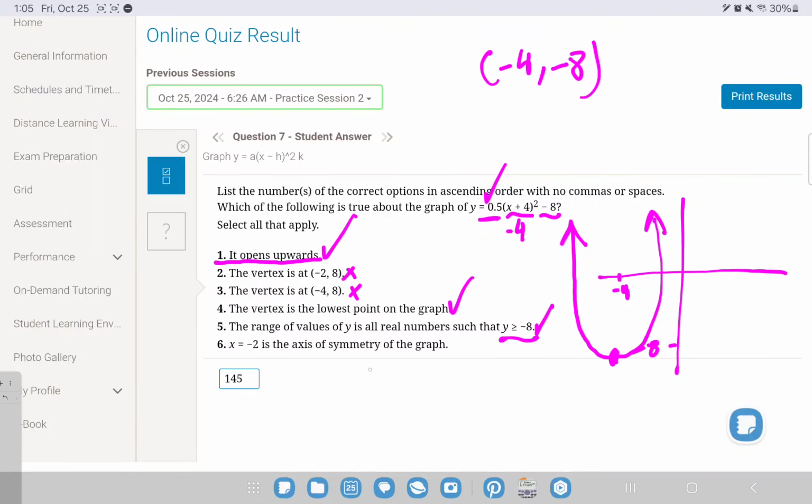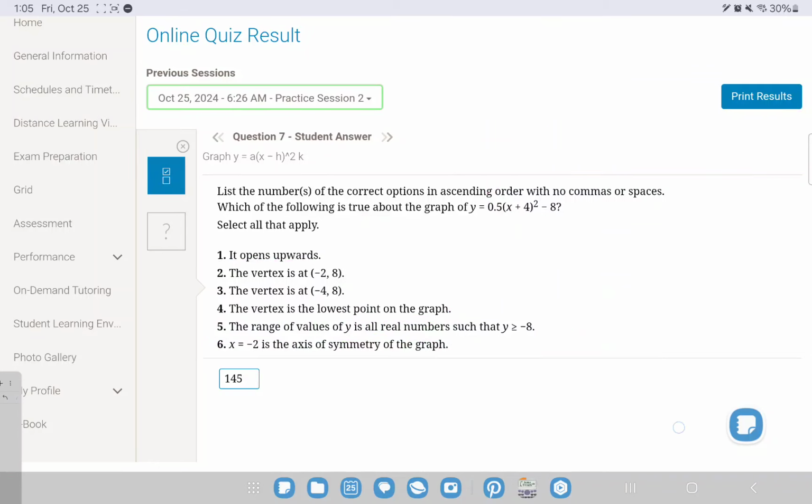X minus 2 is the axis of symmetry. We said the axis of symmetry is this value. And it's definitely not -2, so you choose the ones that you put a tick on, which is 1, 4, and 5. That's your answer. That's it. These questions are like a game, like analyze, look, find the similarities or differences or whatever.